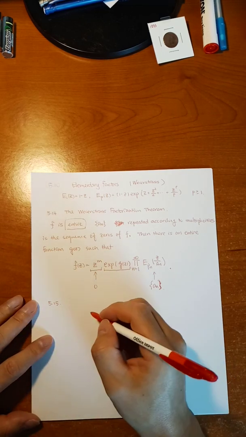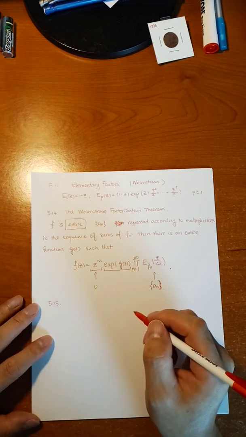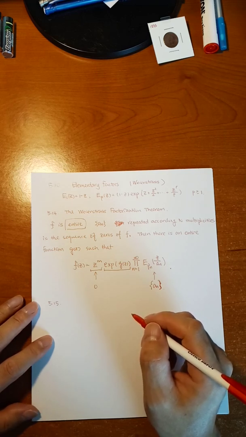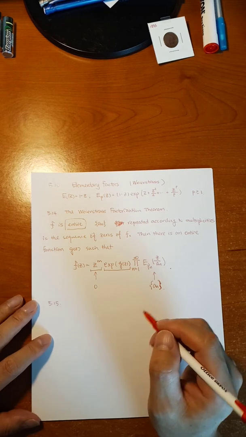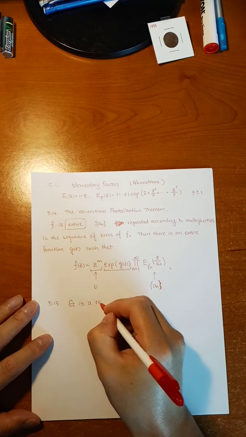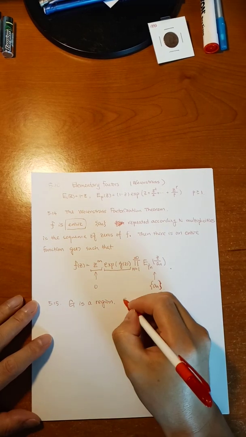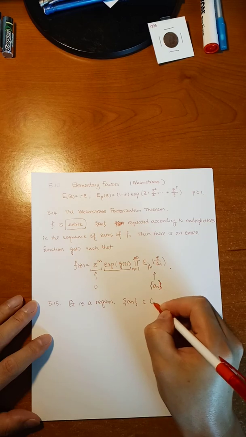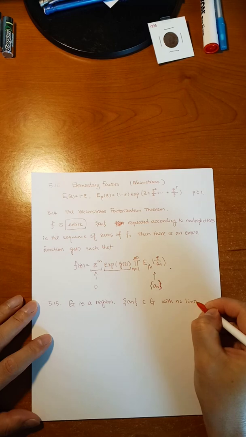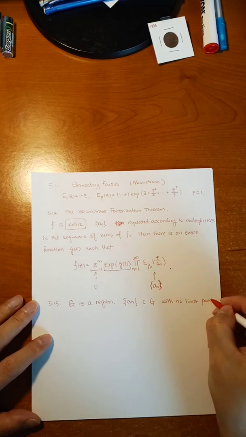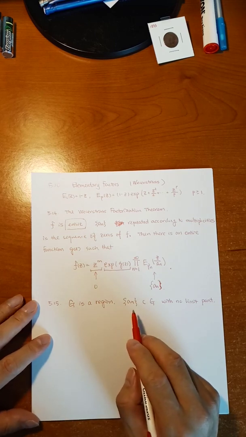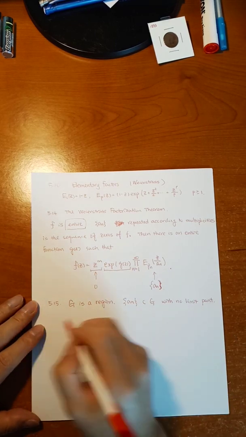Okay, 5.15 says we can actually construct functions based on given zeros. Let G be a region, and a_n a sequence in G with no limit point.